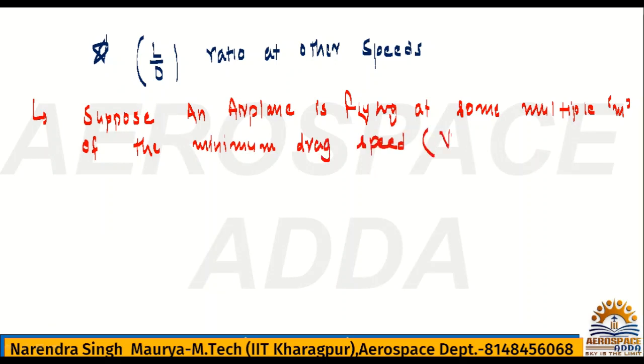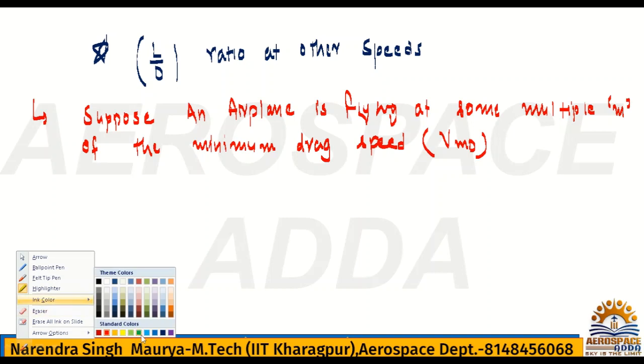What is the minimum drag speed? Last class I denoted it by VMD. Now we will go for the further calculation.